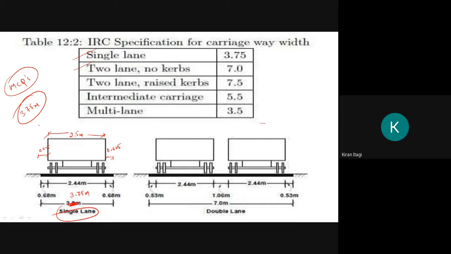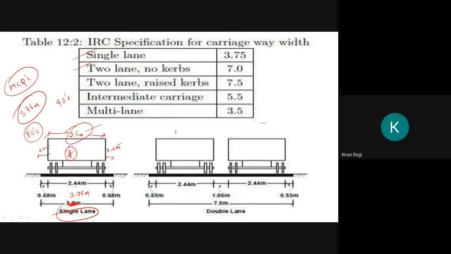And why this 2.5? Before, in the 80s and 90s, the Ambassador car was the standard car. So the width of the Ambassador was 2.5 meters, and they have taken this as 2.5 meters. This is for a single lane.